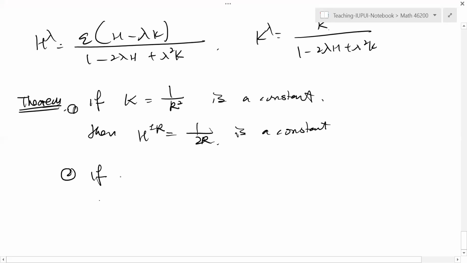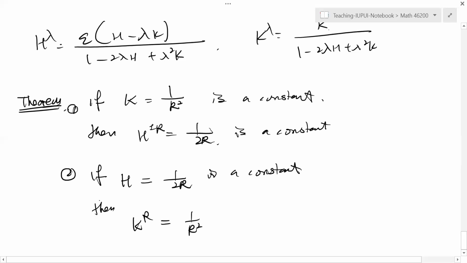If H is a constant, then K lambda is going to be 1 over R squared. It's also constant.